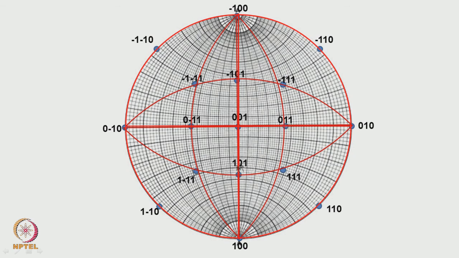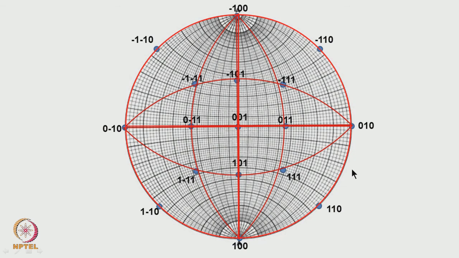So this point which is lying on these two lines, that has an intersection, will be found using vector addition. There are various ways in which you can do it, but like this we can mark more poles, and this way we can construct the stereogram for 001. Okay. This is how the stereograms are constructed.